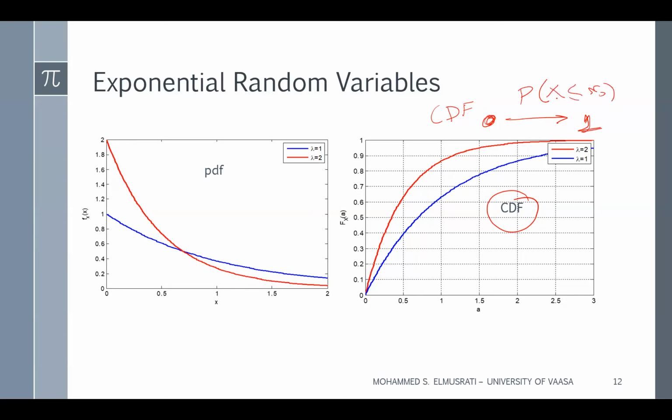So the probability that x is less than minus infinity is 0, because it cannot be less than minus infinity. And to be less than infinity, of course, it is a real number, so it is 1. So this is general for the CDF.